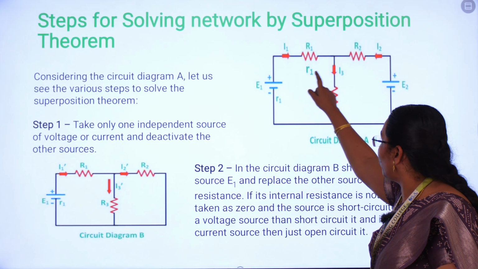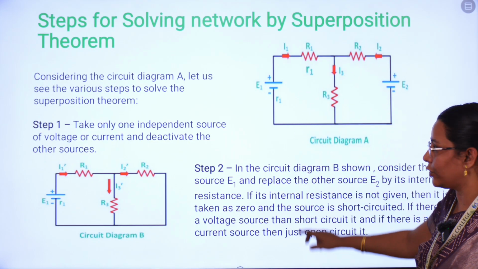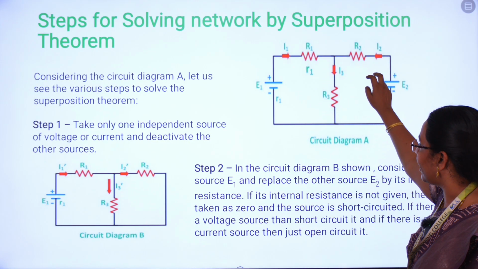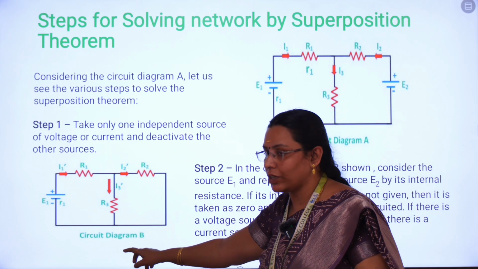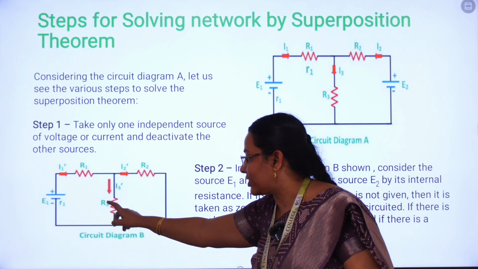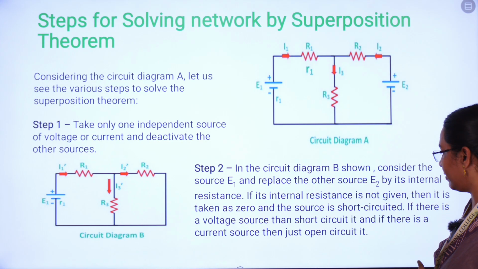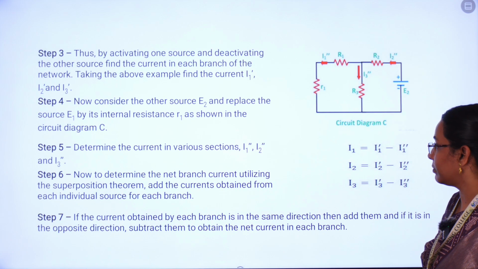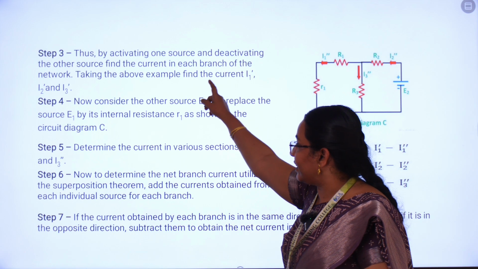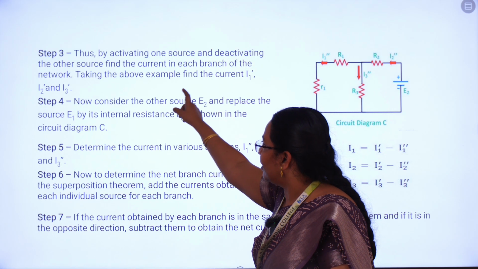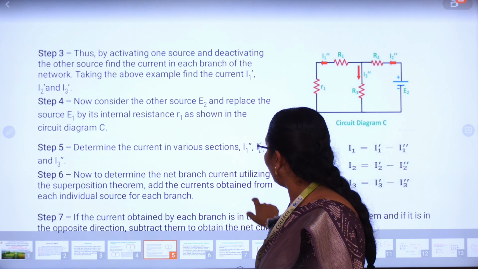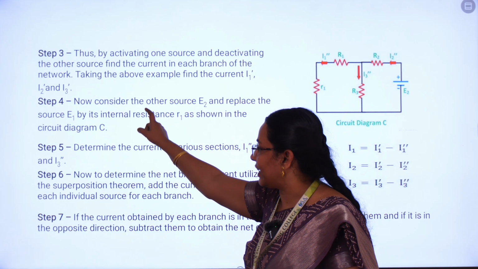Initially we took I1, I2, I3 as the currents flowing through R1, R2 and R3. Now the new currents are indicated by the dash: I1 dash, I2 dash as well as I3 dash. That is indicated in step number 3.